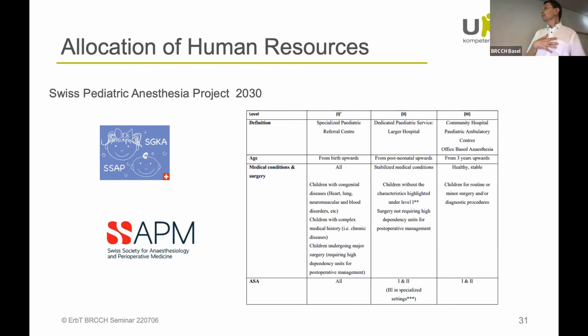You see other conditions like medical conditions, surgery, and the overall assessment using the ASA score is used to allocate the specific patient to a specific organization.